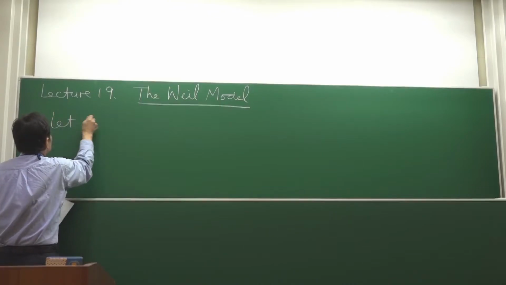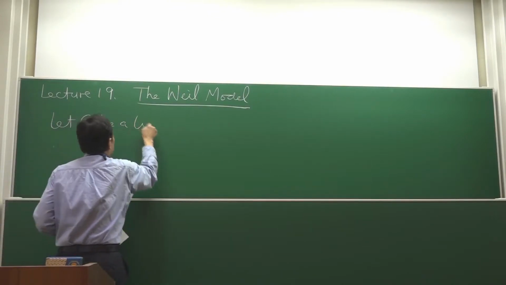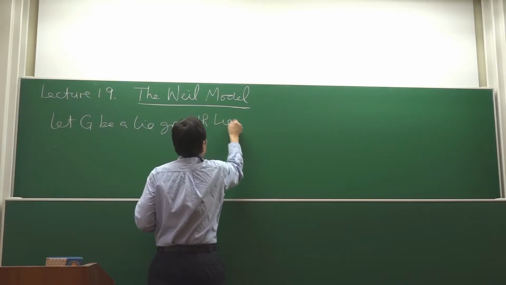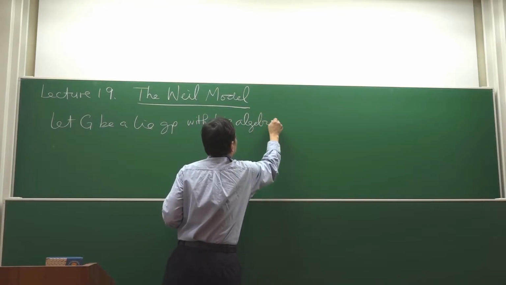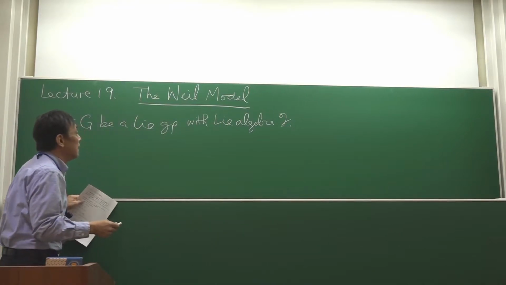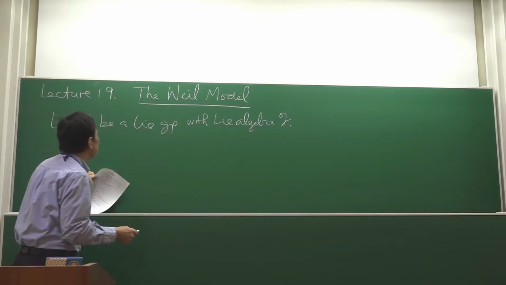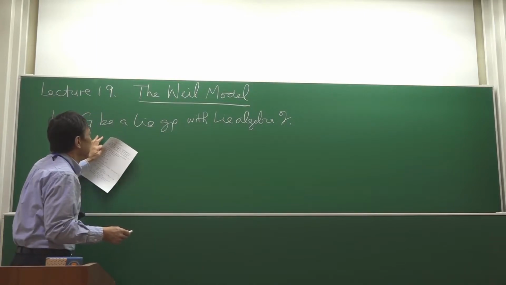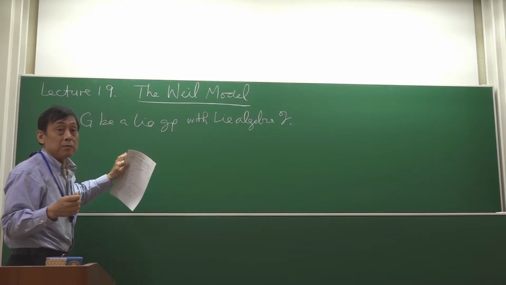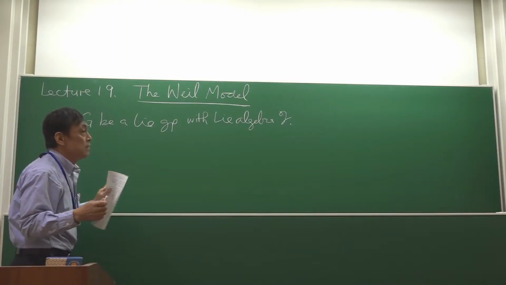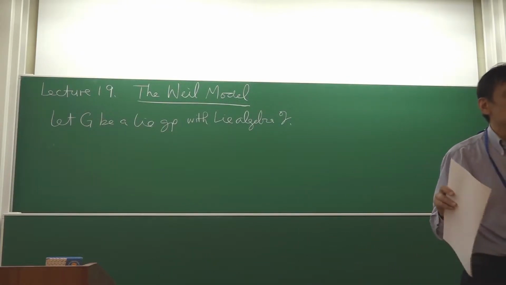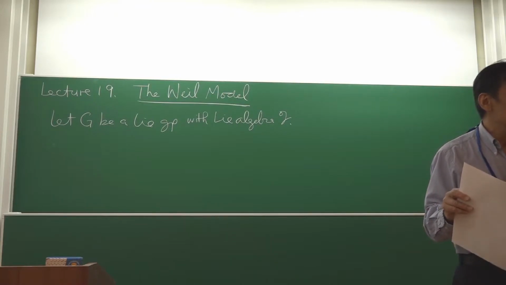So let G be a Lie group with Lie algebra 𝔤. So last time we defined a G differential graded algebra, okay, for any Lie group G, and it's a differential graded algebra, so it's got a differential D.